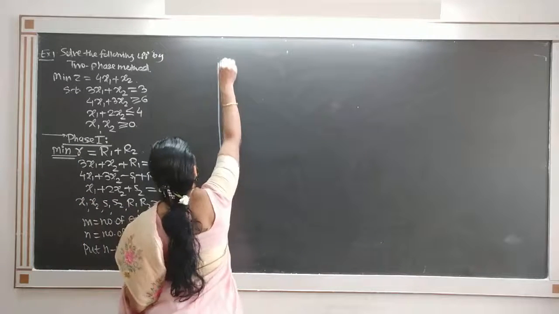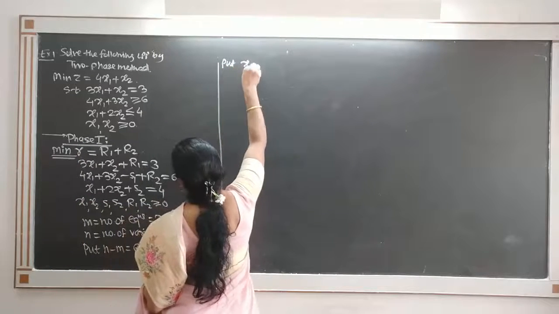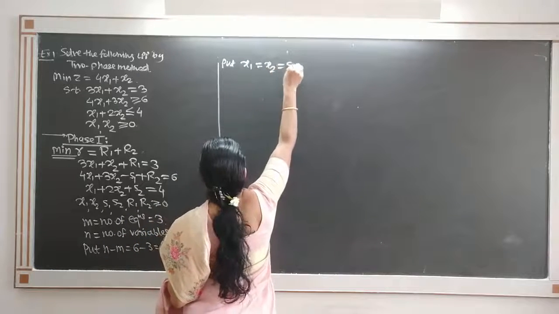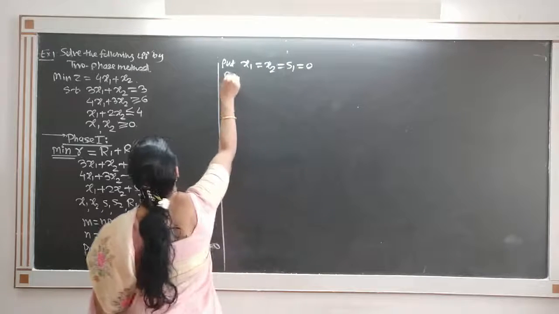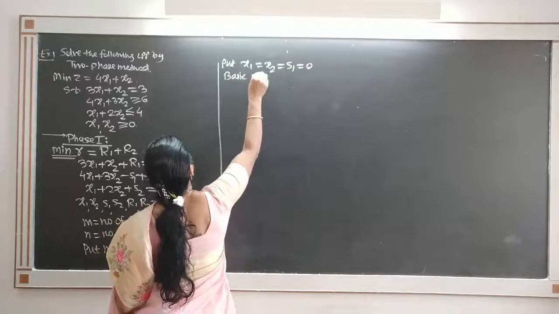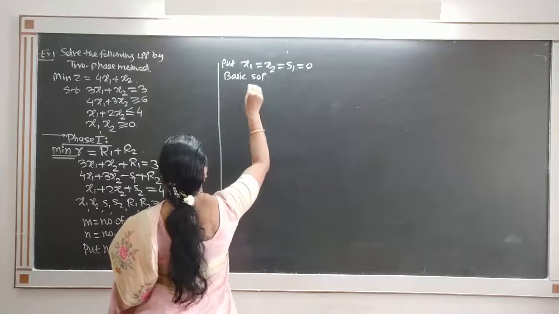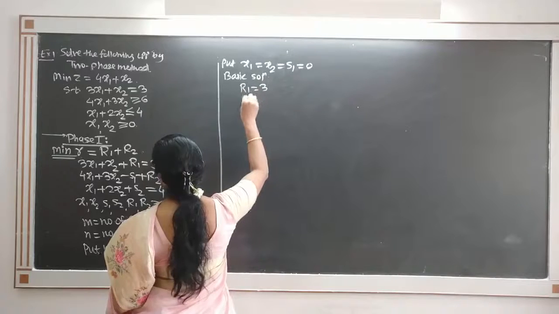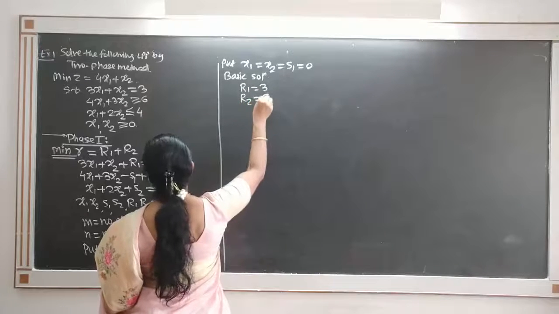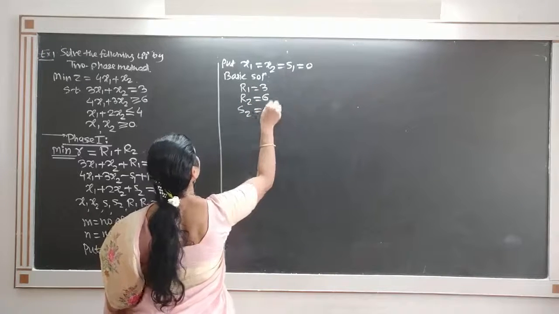So we put x1 equal to x2 equal to s1 equal to 0, to get the basic solution as r1 equal to 3, r2 equal to 6 and s2 equal to 4.